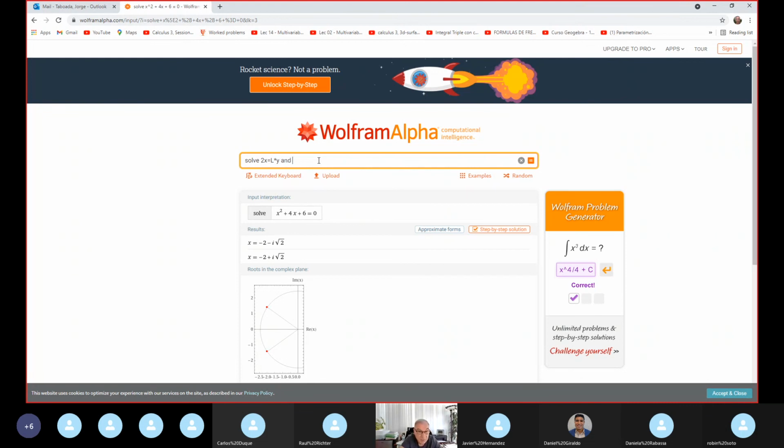Entonces you separate the different equations by and. The second equation is 2y equals lambda, which is L, times x. When there is a number and a variable, a times sign is not necessary. This is my second equation.